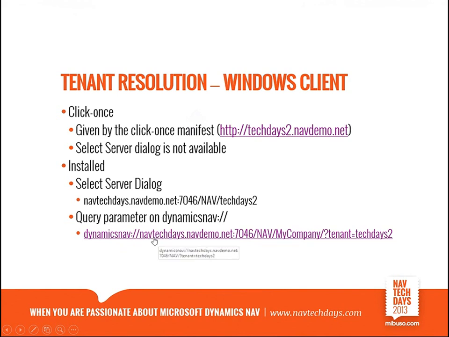I found out yesterday it doesn't, so I'll file a bug on that, because it was intended to be Dynamics nav:// then techdays2.navdemo.net, the port, the instance, and the company, and that would give you the right tenant. It doesn't in 2013 R2, I think it's a bug.